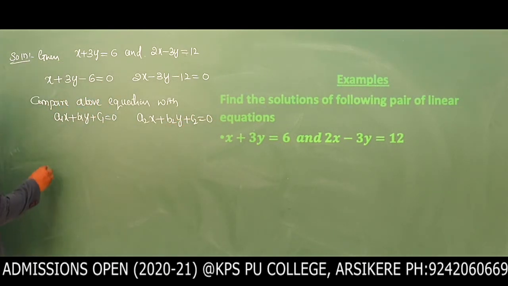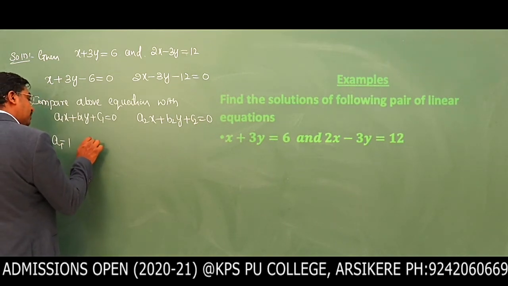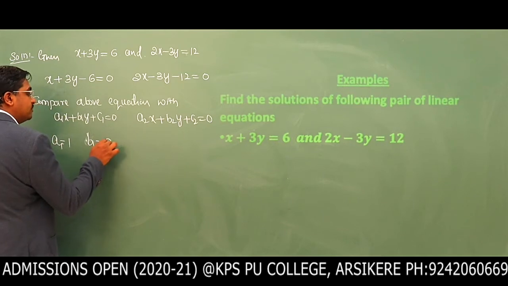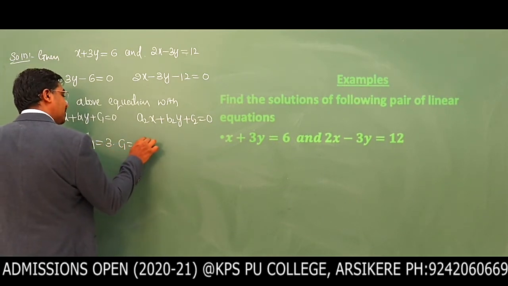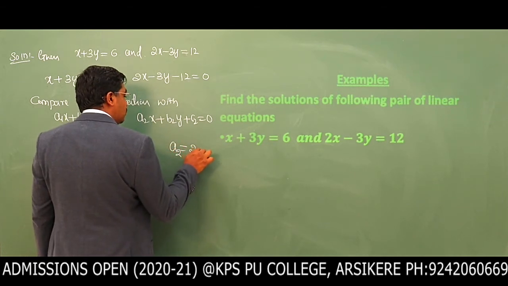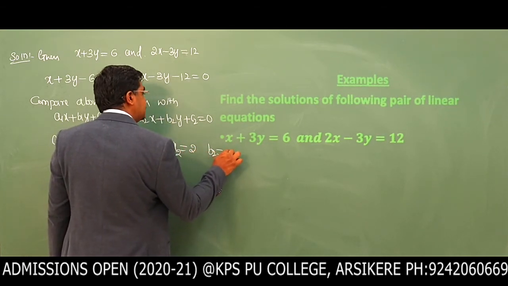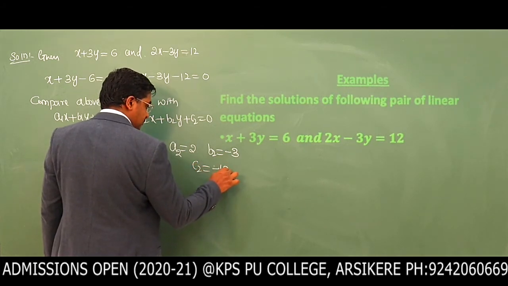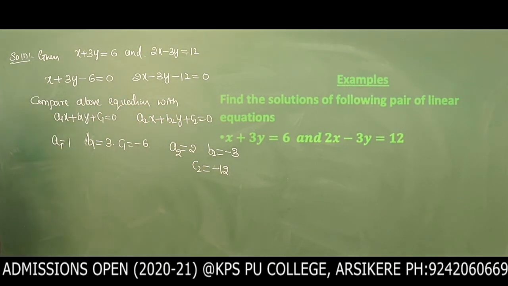Now tell me, what is a1 here? a1 is 1, because the coefficient of x is 1. What about b1? b1 is equal to 3, c1 is equal to minus 6. For the second equation, a2 is equal to 2, b2 is equal to minus 3 and c2 is equal to minus 12.